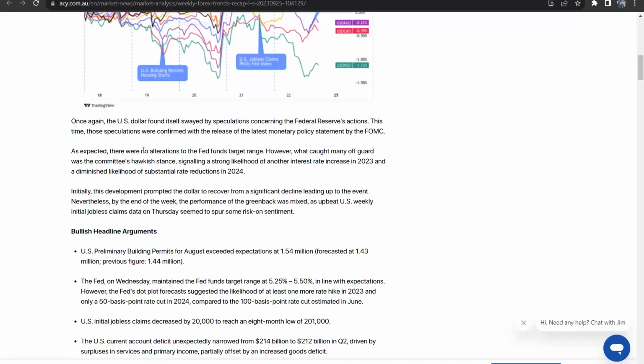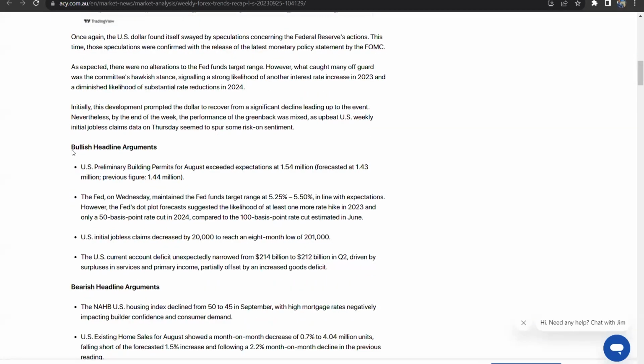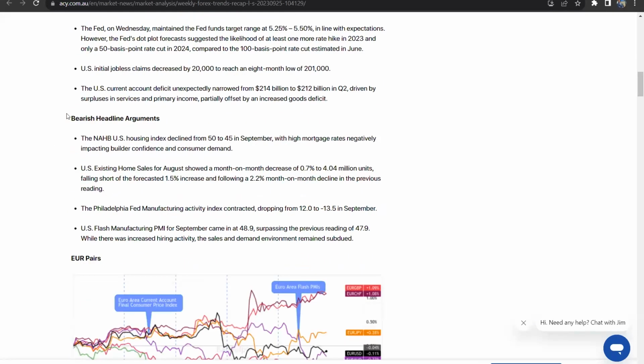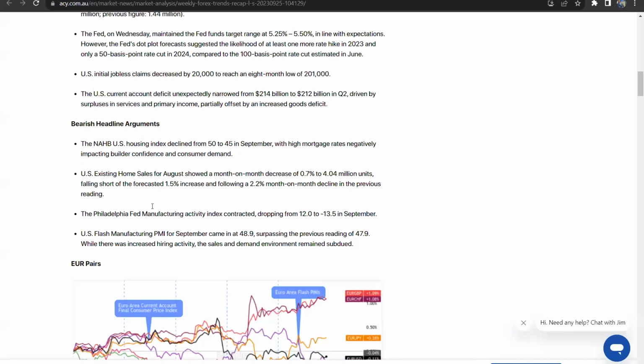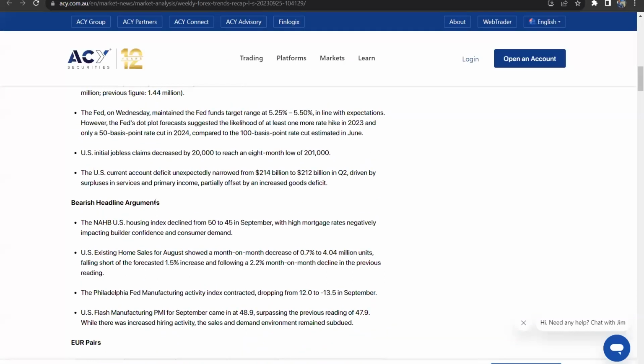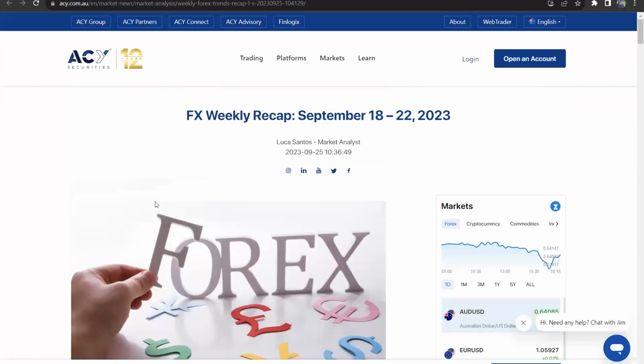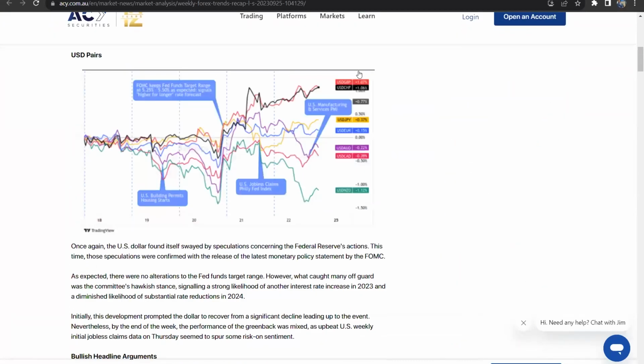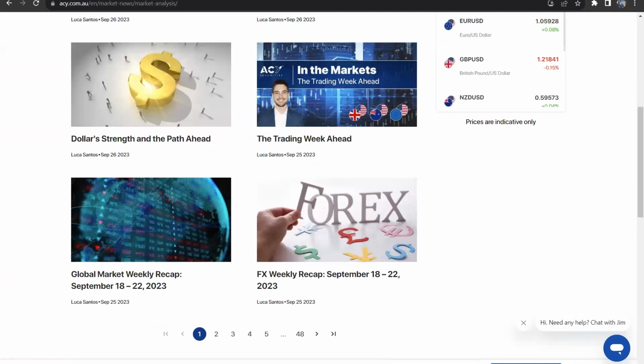Blah, blah, blah. As expected, there were no alterations by the Fed. However, what counted was a commitment to a hawkish stance. I separate the bullish headline arguments and the bearish headline arguments. So it's all here. You guys don't have to do anything. If you go to the acy.com website every day, there will be those blogs for you all.